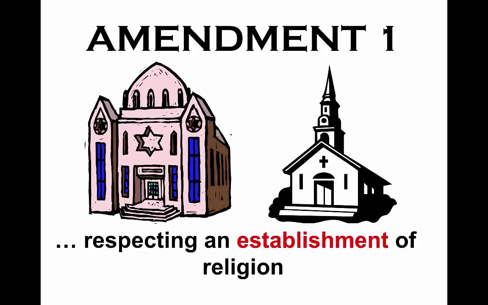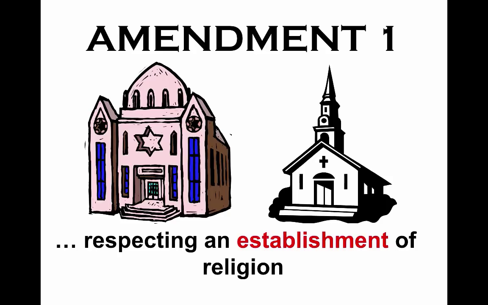It should not support one religion over another. It should not denounce one religion over another. Some people would argue that it should just keep hands off of religion totally, not even promote all religions. But it's supposed to mean that the government and the religion are separate. They are not influenced whatsoever. They don't influence each other whatsoever.